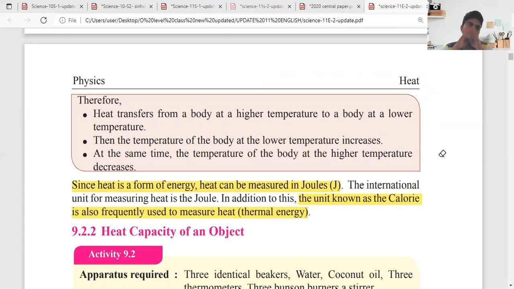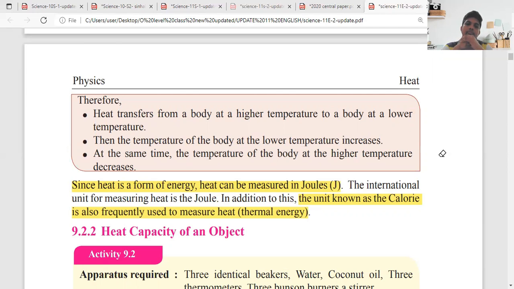Yes sir. So here there are three conclusions that you want to understand. I will read them one by one. First one, heat transfers from a body at higher temperature to a body at a lower temperature. Obviously, you know those are common sense, practical things. Heat passes from the higher temperature to the lower temperature.